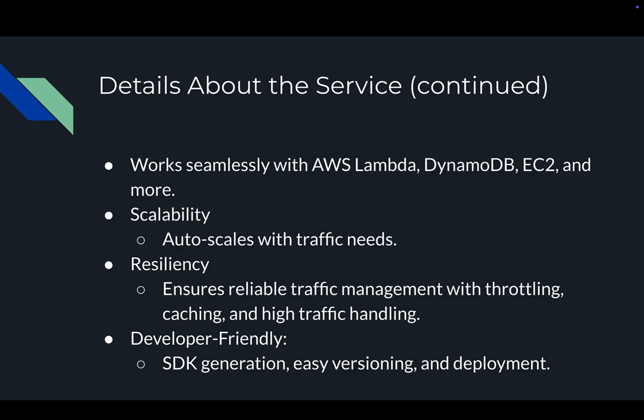It has resilience, meaning that it ensures traffic management by allowing throttle rules and caching for REST APIs. With caching, it reduces the backend load and handles any traffic levels without requiring any infrastructure maintenance. And again, it is very developer friendly, so you can use SDK generation and deployments, and it has easy versioning.